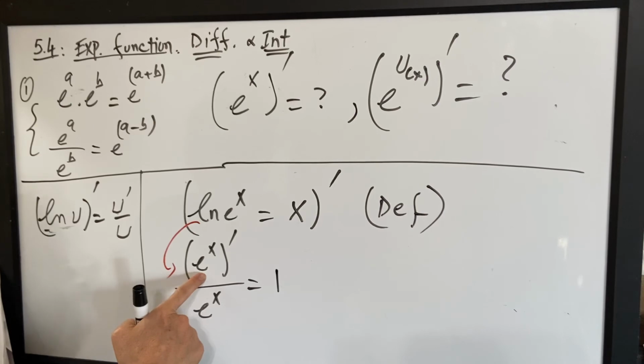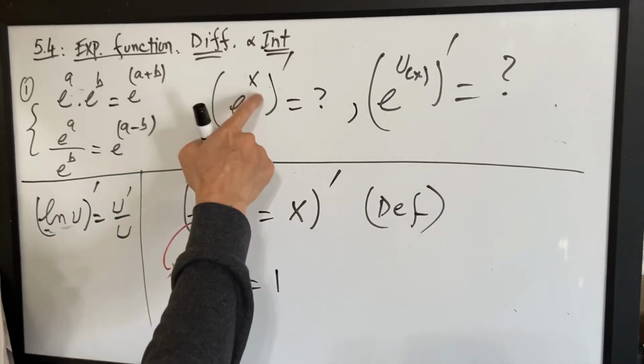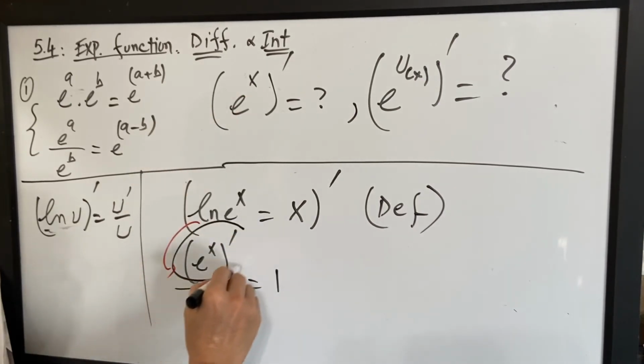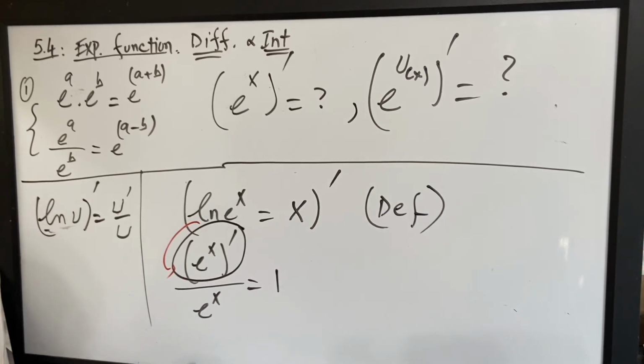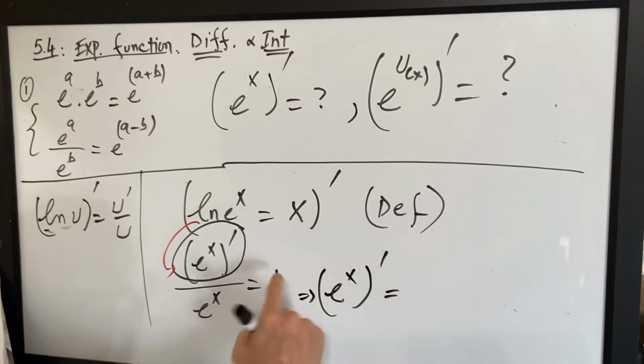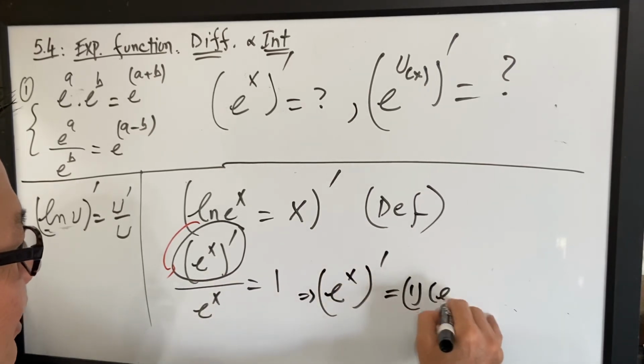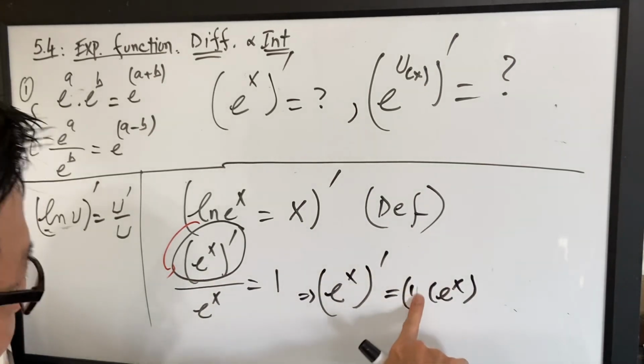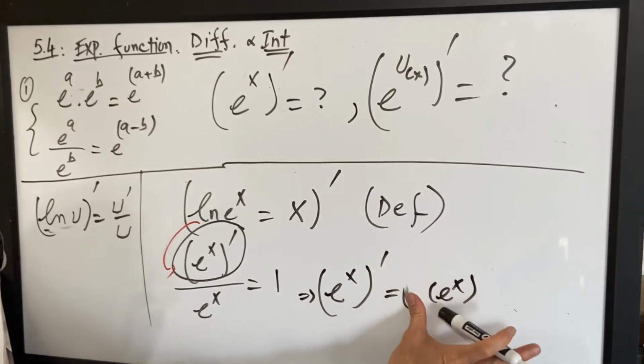Now, I'm interested in this guy right here, guys. Whoa, do you see what I see right there? So I simply take this guy over there. So I rewrite that as, okay, here we go: e to the x, the whole thing, derivative, and then bring over 1 times e to the x, which is what? e to the x itself. Do you see that?